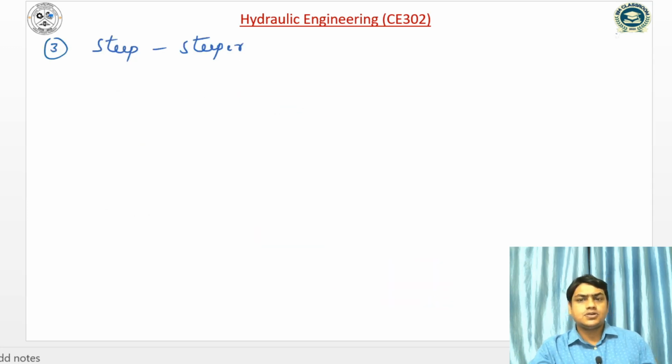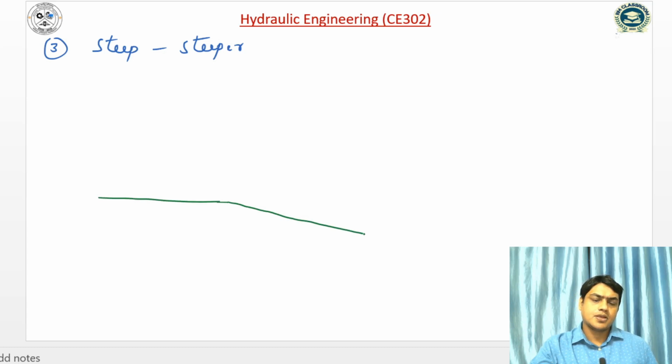Similarly, if I draw the slope of steeper, as I told you, steeper has more slope as compared to the steep. So let us assume this is steep and this is steeper, and this is the control section.